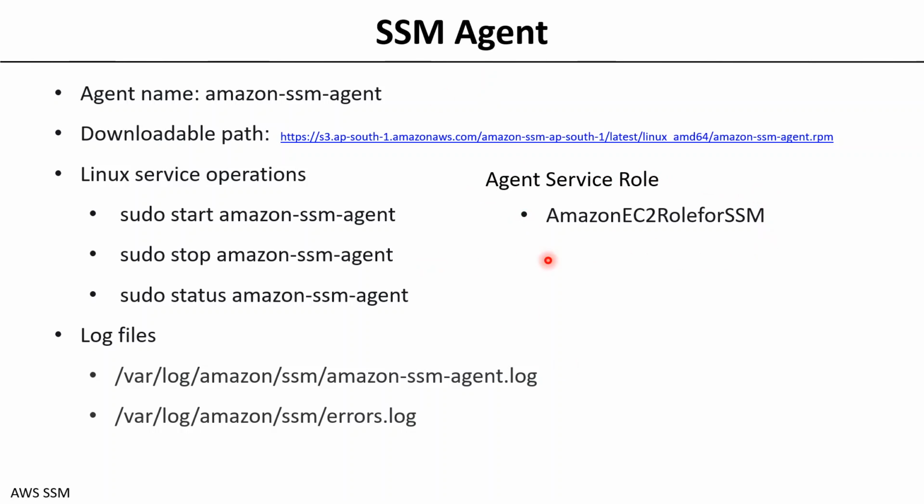And that's why you require a role, and the role that is required is called Amazon EC2 Role for SSM. This particular policy is already available. You need to create a role, apply this policy to that particular role, and then assign it to the EC2.